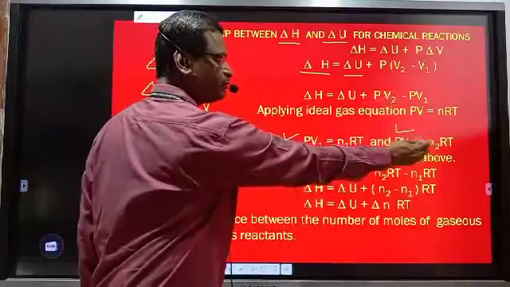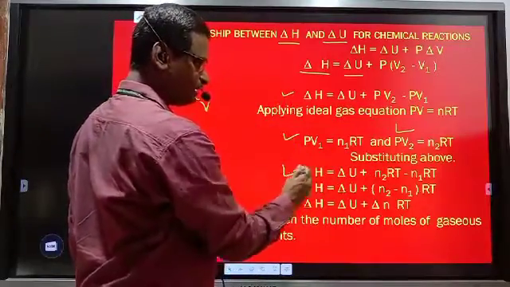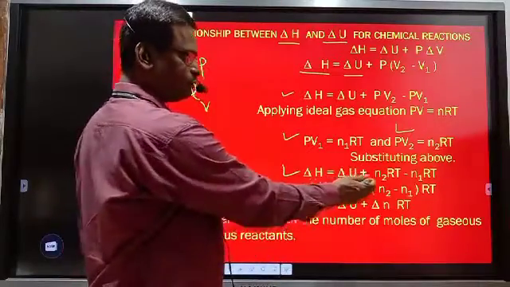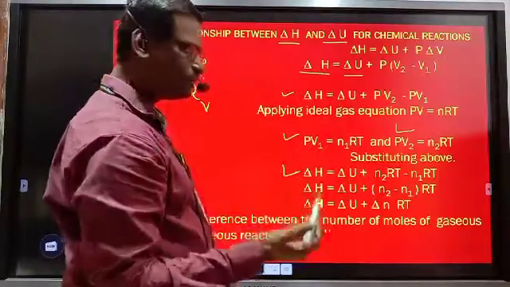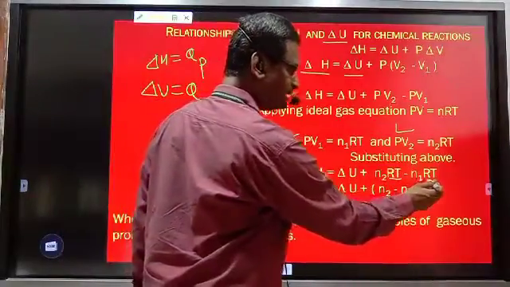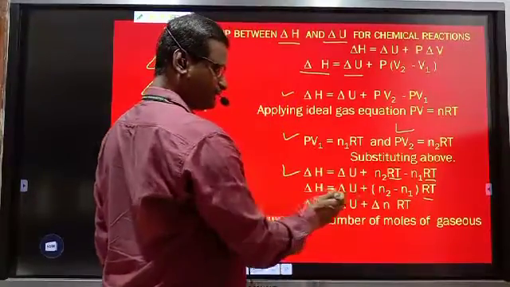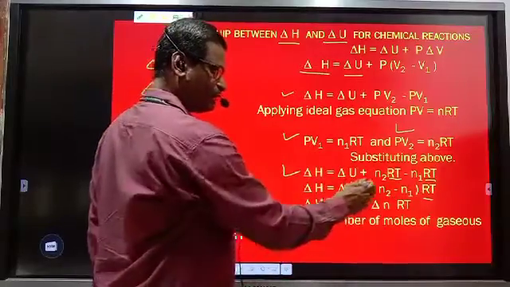PV2 is replaced by N2 RT and PV1 by N1 RT. We get delta H is equal to delta U plus N2 RT minus N1 RT. Now what is common? RT is common, so delta H is equal to delta U plus N2 minus N1 times RT.